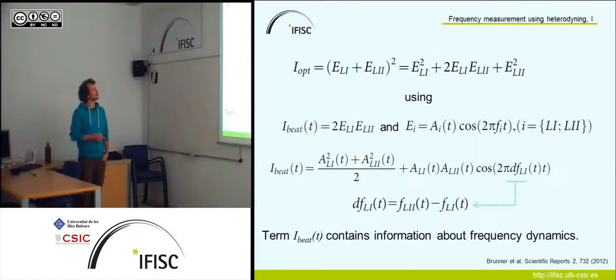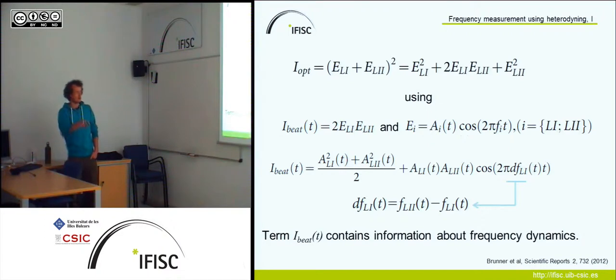And then doing some very simple maths, you can substitute the electrical fields of both lasers by two cosine functions, laser 1 and laser 2. Now we say the beat signal is only this interference part here. You can transform this into this equation.